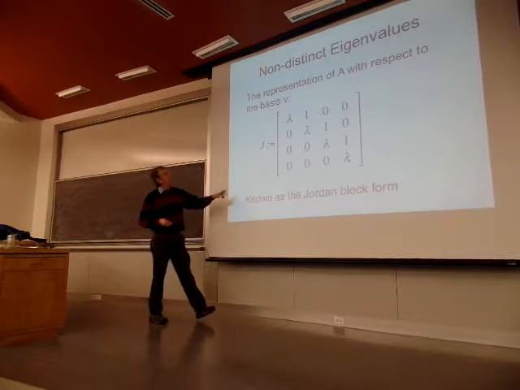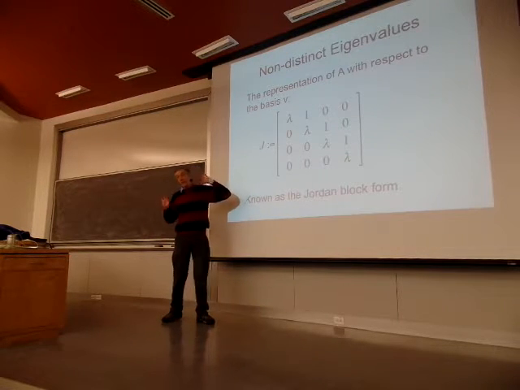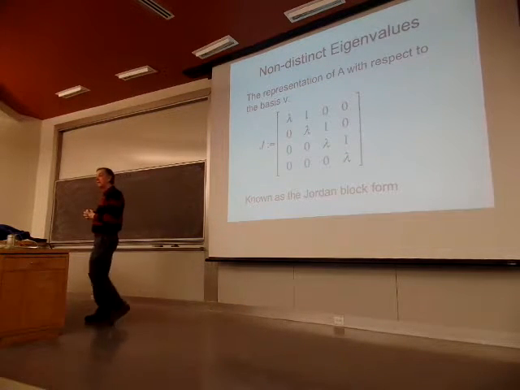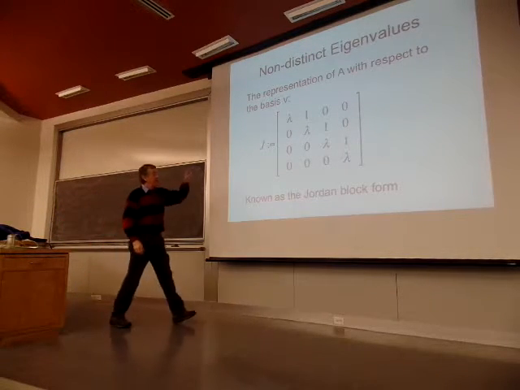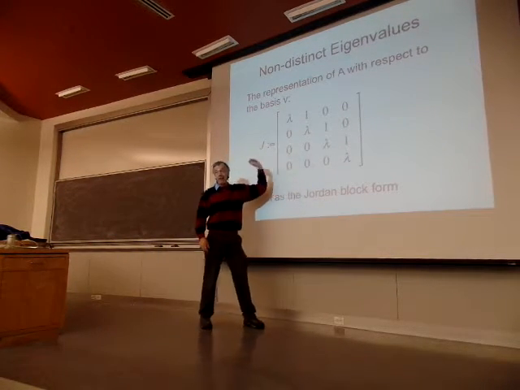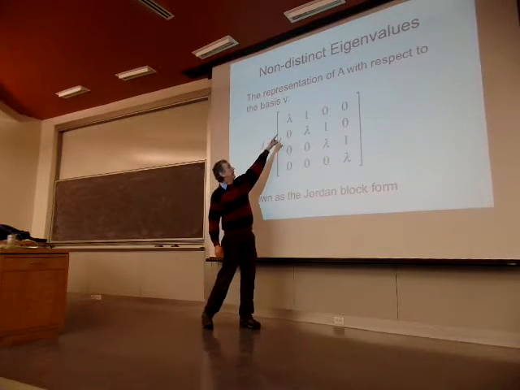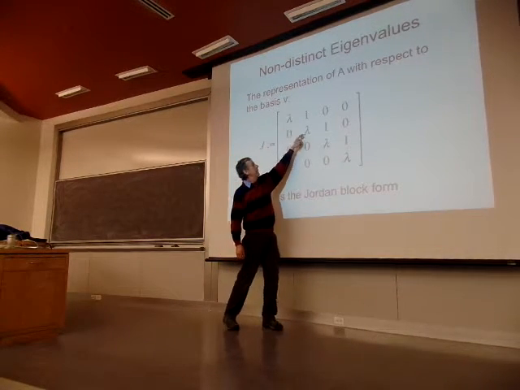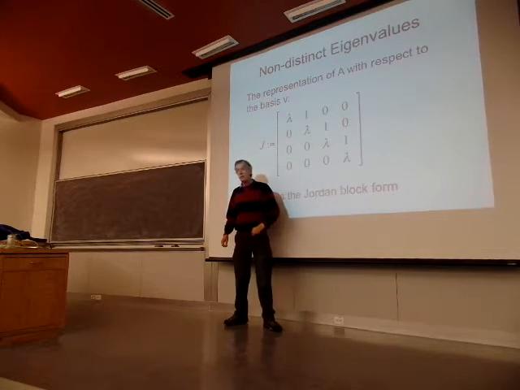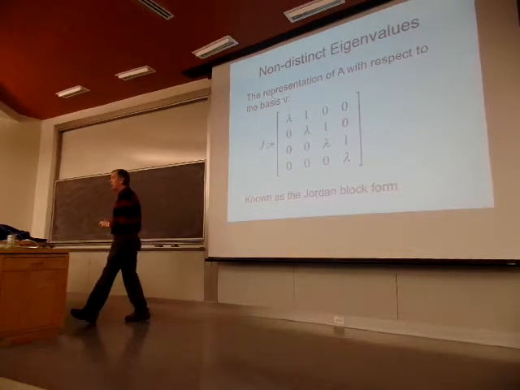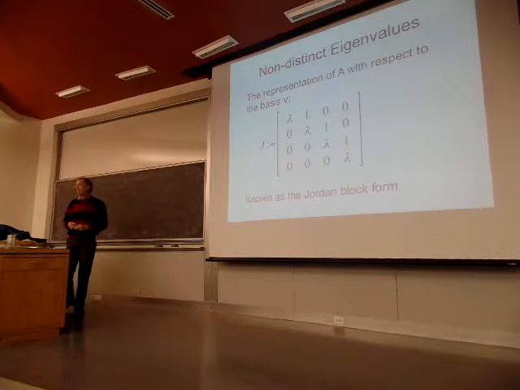Okay. So can't call that eigenvectors so much, or eigenvalues. But if I have, in this case, 4 of the same eigenvalue, then I've got to put a 1 up there, and so forth. That pattern always repeats down here. It's called the Jordan block form.